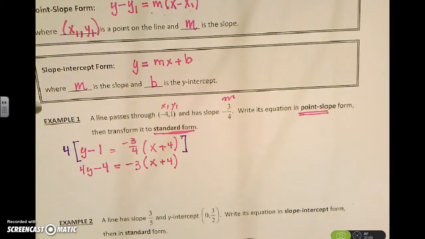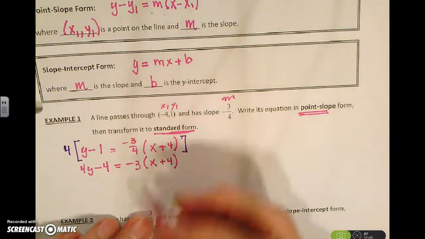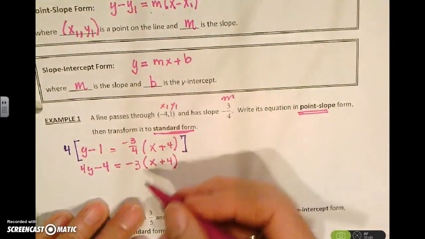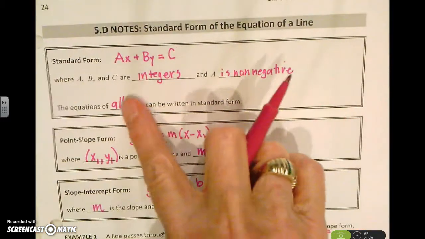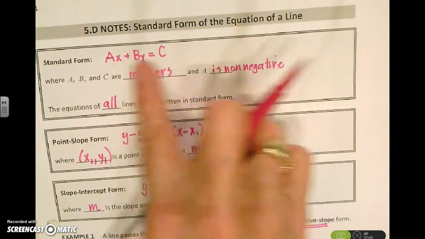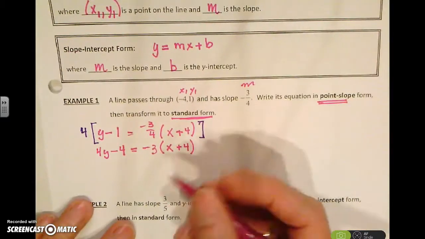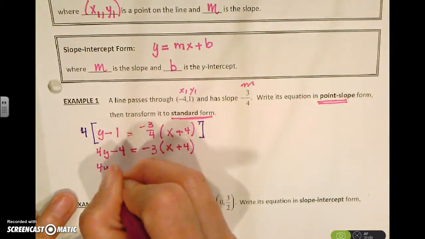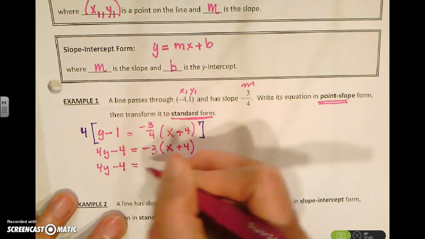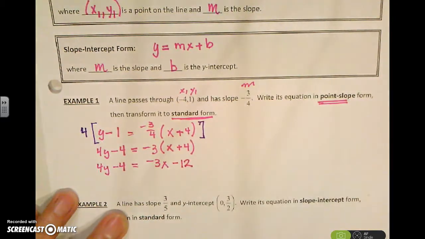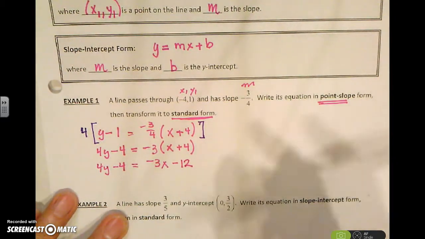And the way it's going to get into the parentheses is now I'm getting ready to distribute in this next step to get rid of my parentheses, because you see standard form does not have any parentheses. So I want to get rid of the parentheses next. And so I'm going to distribute. So I'm going to have 4y minus 4 is equal to negative 3x minus 12. So my parentheses are gone.